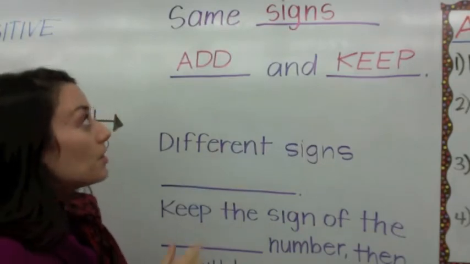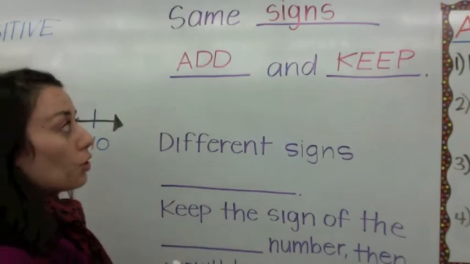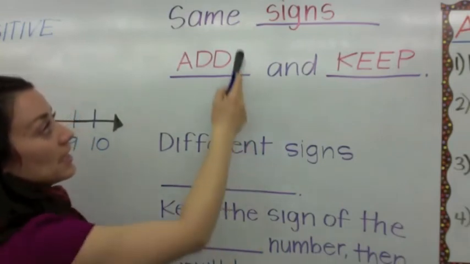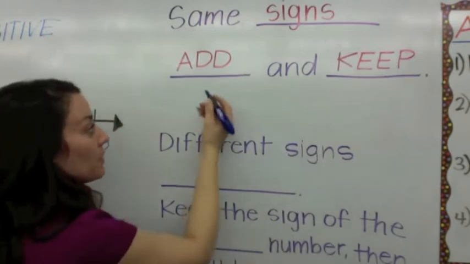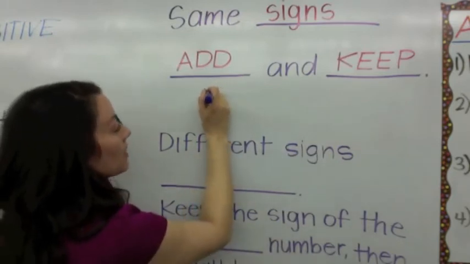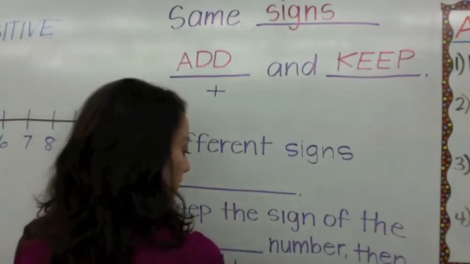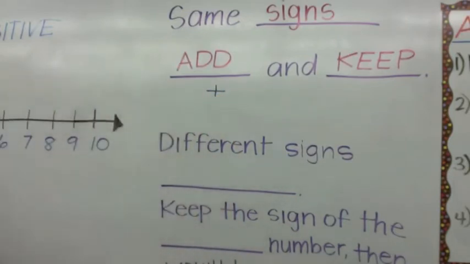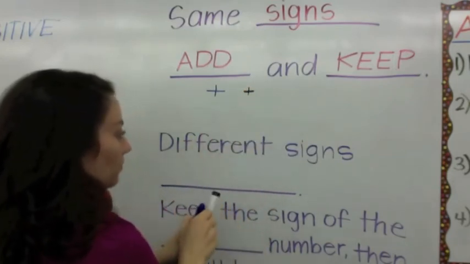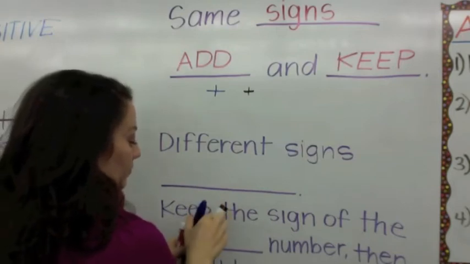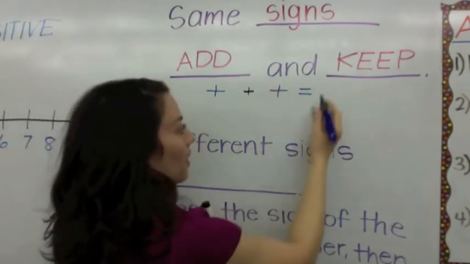Okay, so this goes to a song. The song is to the tune of Row, Row Your Boat. And it goes like this. Same signs, add, and keep. So what that means is if you are adding a positive number plus a positive number, that will give you a positive number.